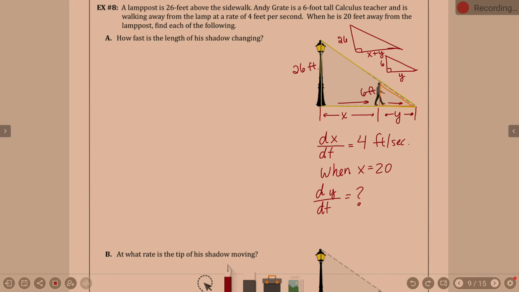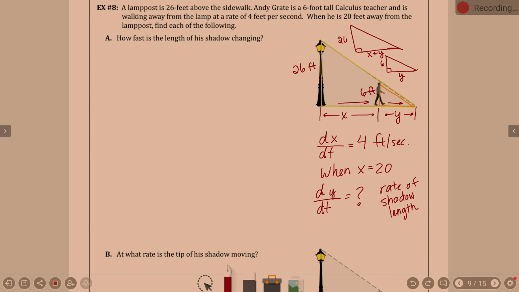Does that make sense? Because dy/dt is going to be the rate of his shadow length. Okay.